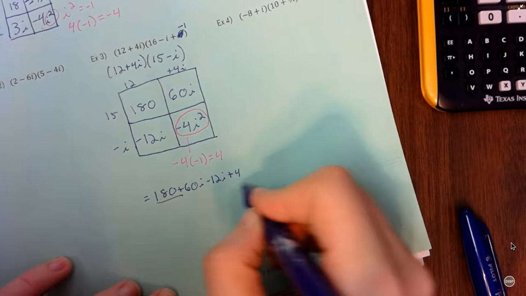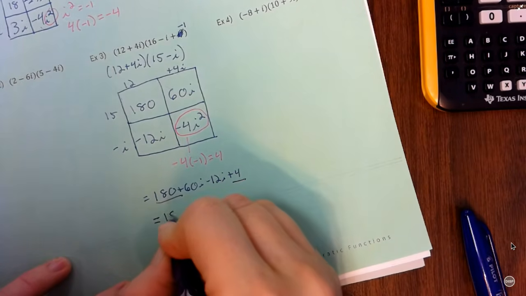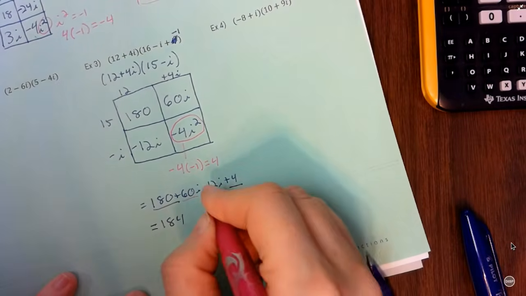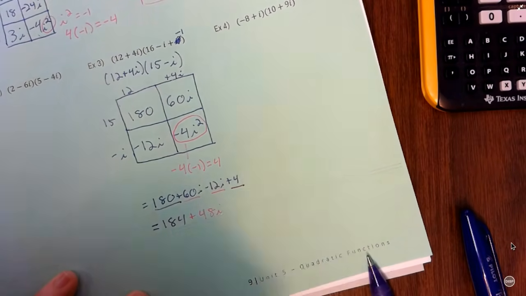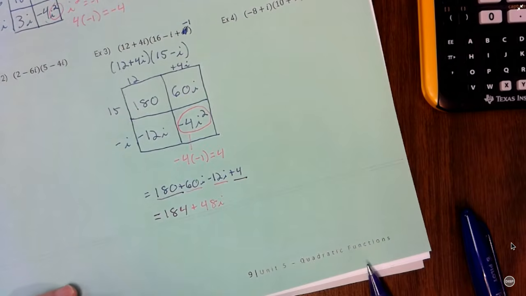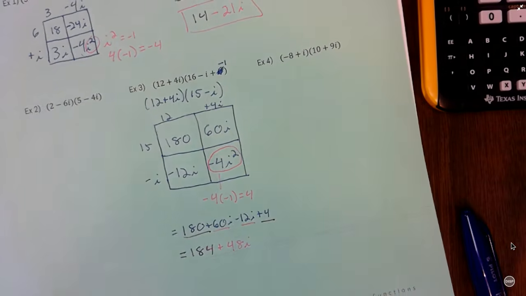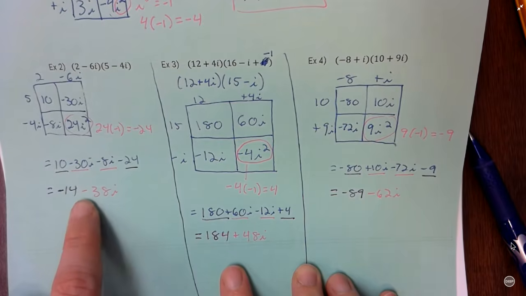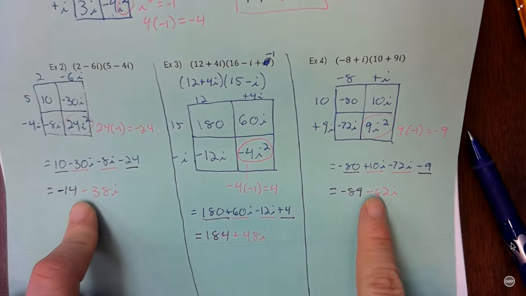Then combine your real parts. And combine your imaginary parts. And there's your answer. Okay, try 2 and 4 and come back and check to see how you do. For 2, you should have gotten negative 14 minus 38i. And for 4, you should have gotten negative 89 minus 62i.